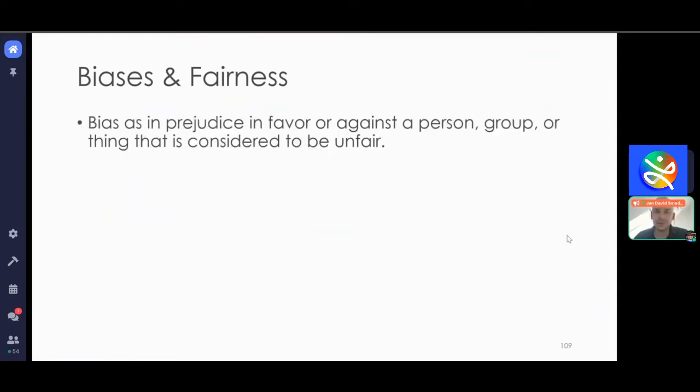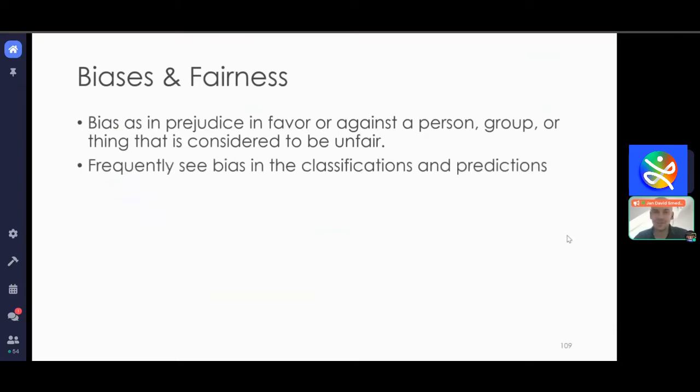If we talk about biases and fairness, just some points for clarification. Bias really means prejudice in favor of or against a person, group, or thing that is considered to be unfair. We frequently see bias in classifications and predictions in machine learning and AI systems.